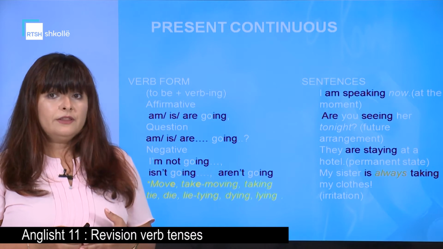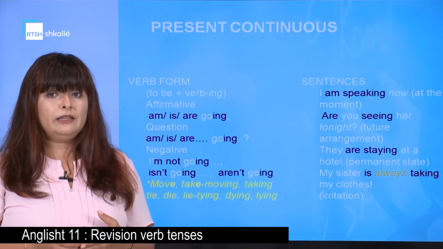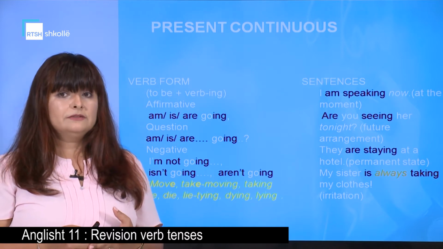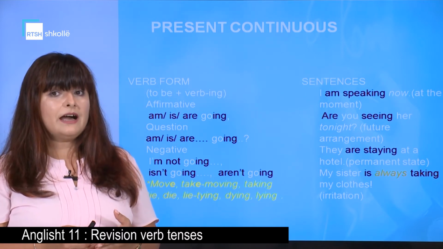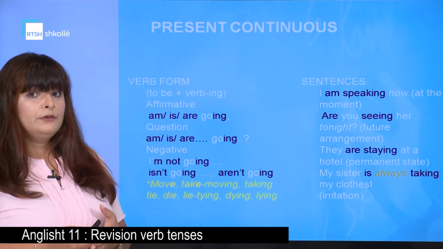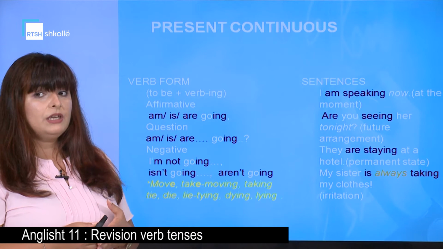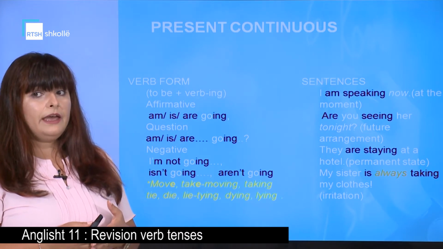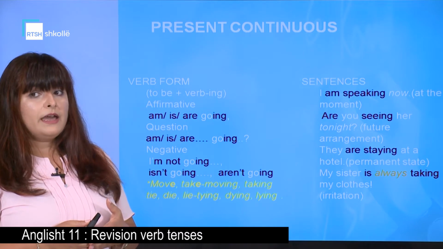And another thing to remember as far as spelling is verbs like tie, die, lie. They make their ing form by dropping ie and adding ying.